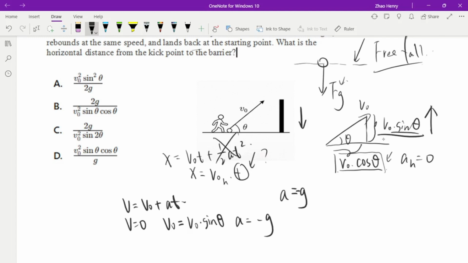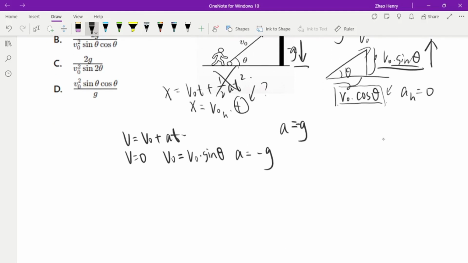So this is positive, and the acceleration is supposed to be negative. This is negative g, my bad. So that we can figure out t. Let's plug the numbers in. 0 is equal to v0 times sine theta minus gt. So t is equal to v0 times sine theta over g.